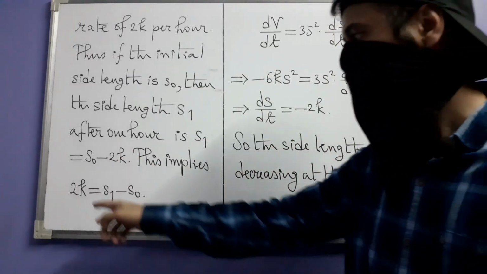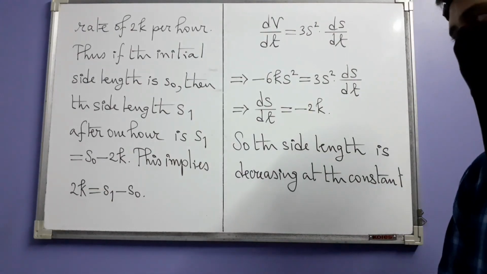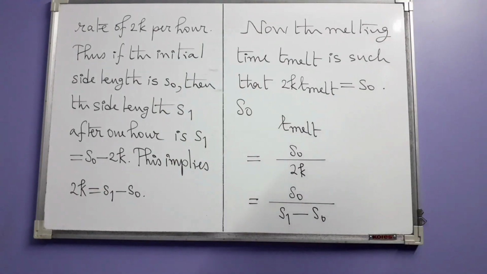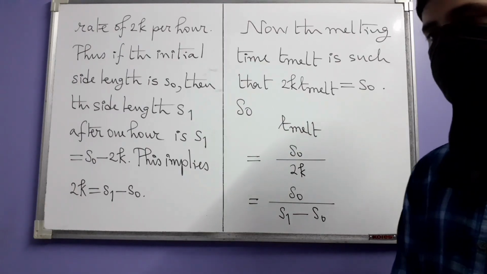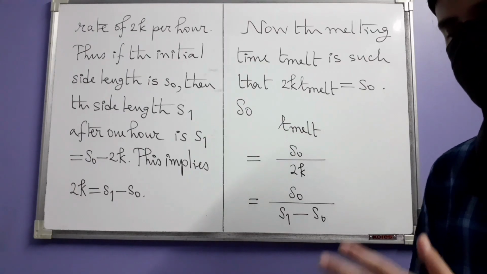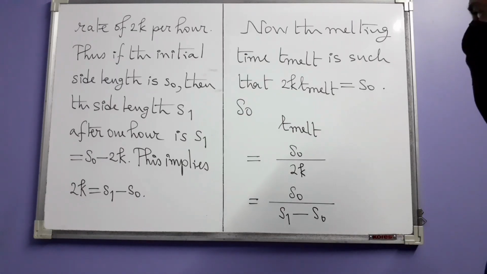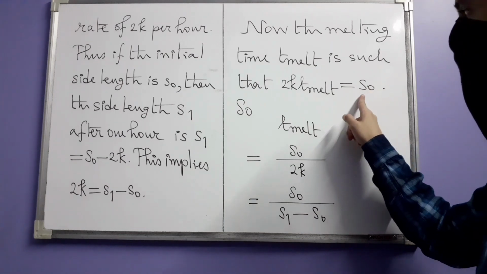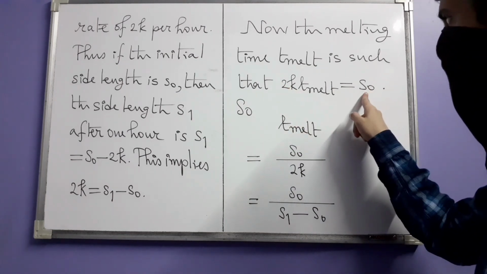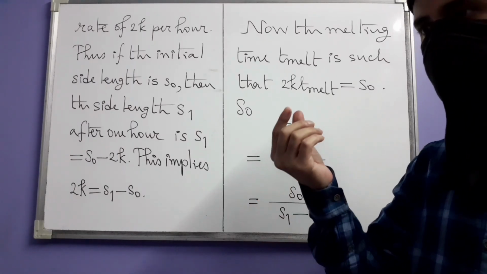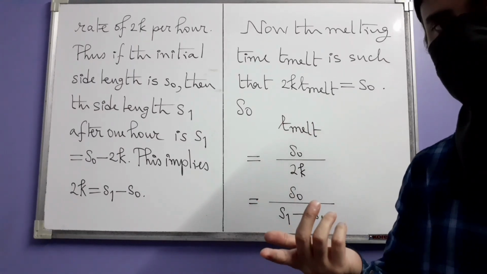And that implies 2K is S1 minus S0. Now we consider another thing. If 2K is the rate at which the side length is decreasing per hour, then the melting time is related to the initial side length by this equation, obviously. 1 hour goes and 2K length is lost.